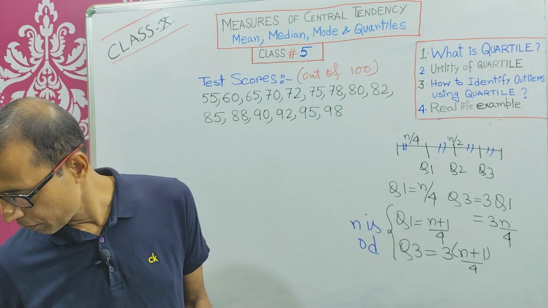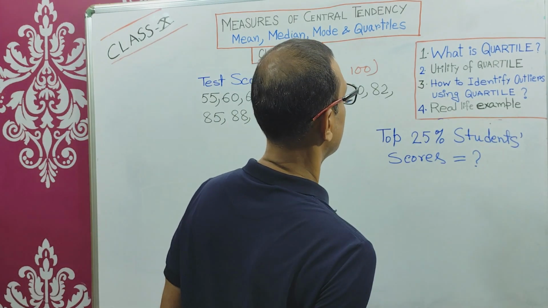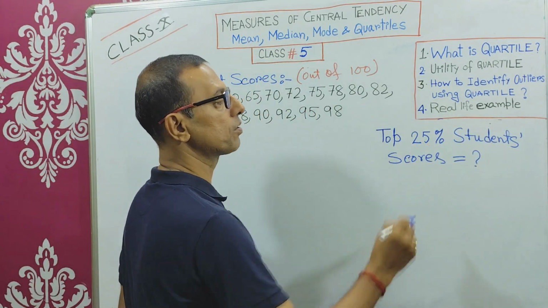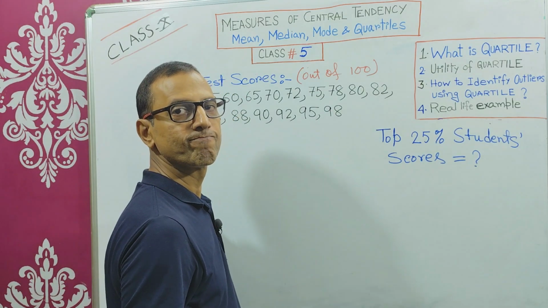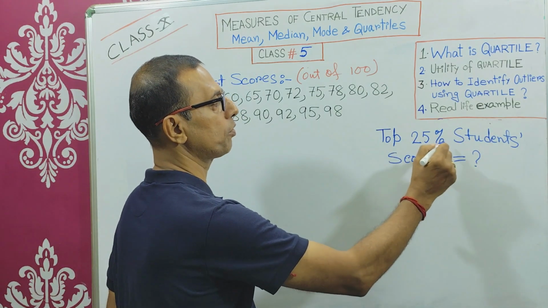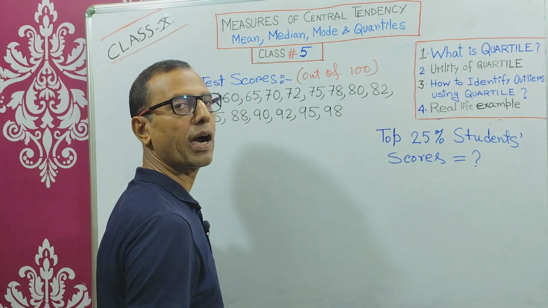Let me write down the question. What are the top 25% student scores? Those are the high performing students that you need to identify.